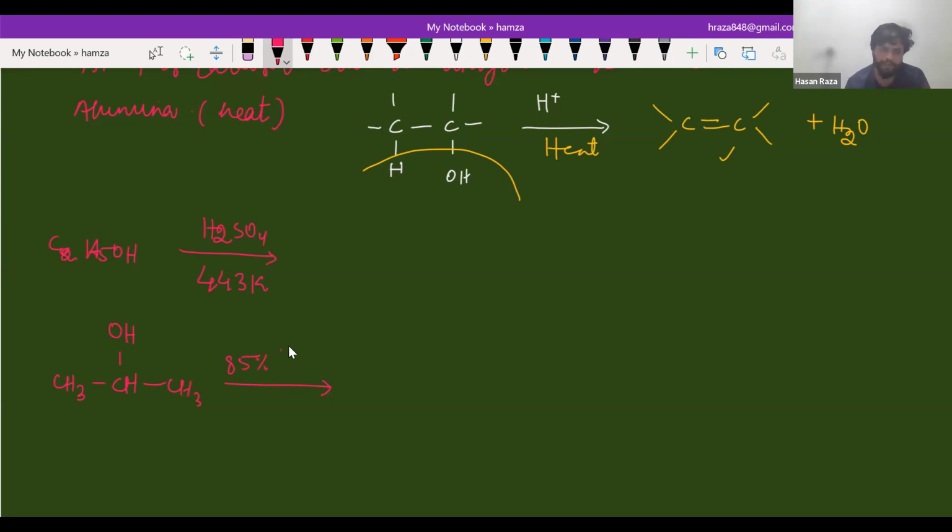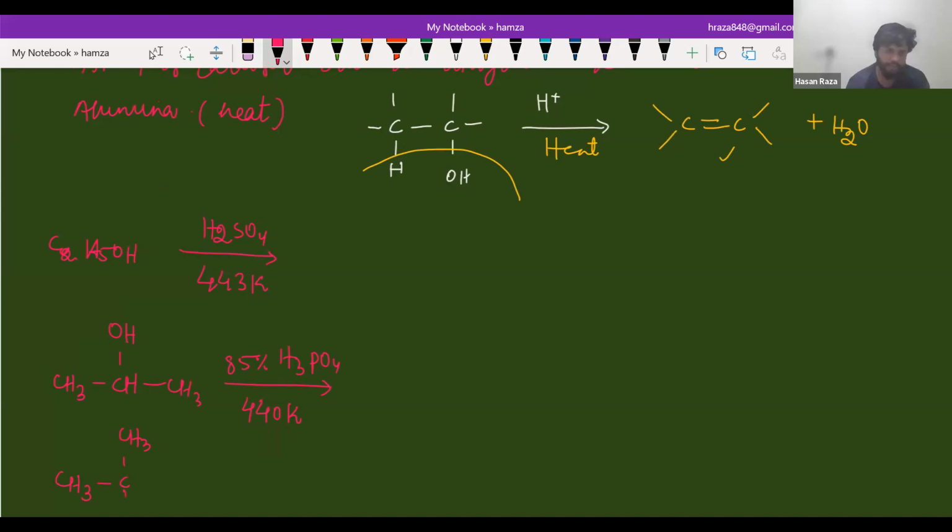This is 85% H3PO4, and the temperature is 440 Kelvin.